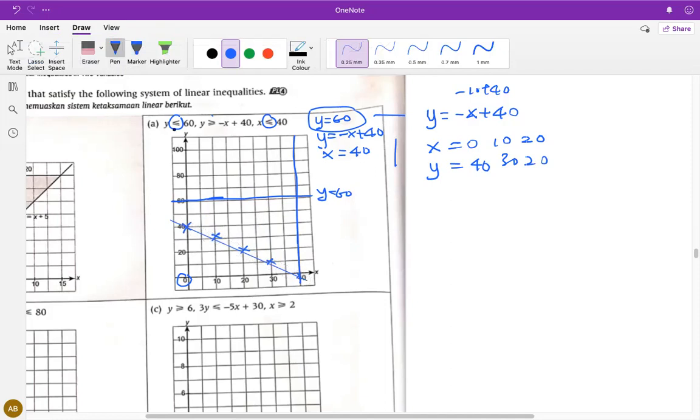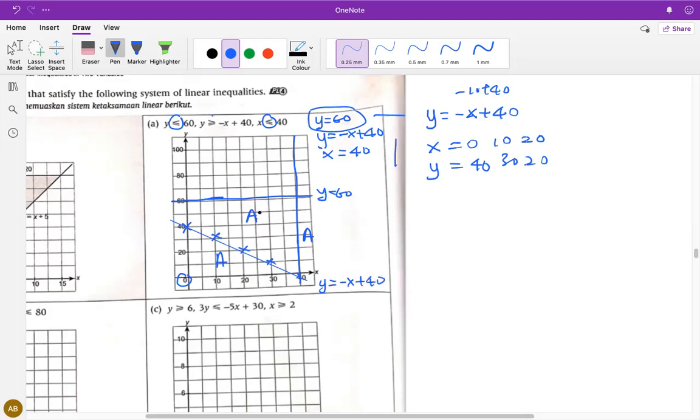Then after we draw the line, we determine where is the region. You can use alphabets also. Y is less than or equal to 60, so this is the region A. Then y is greater than negative x plus 40. So this is the straight line y equals negative x plus 40.